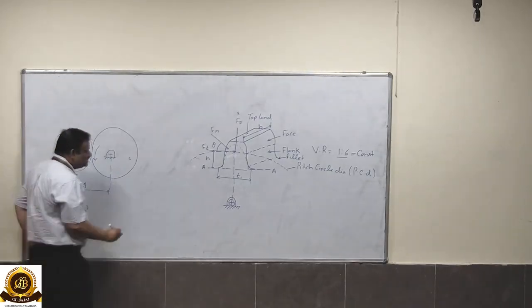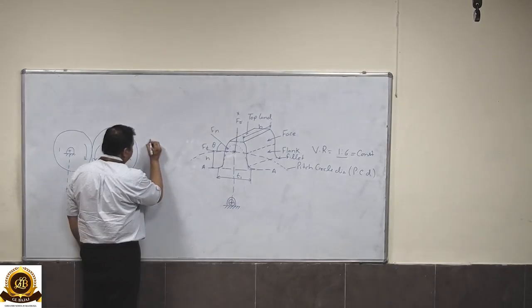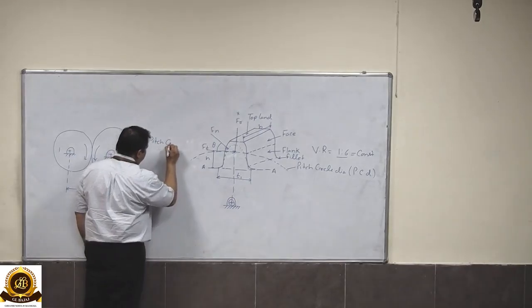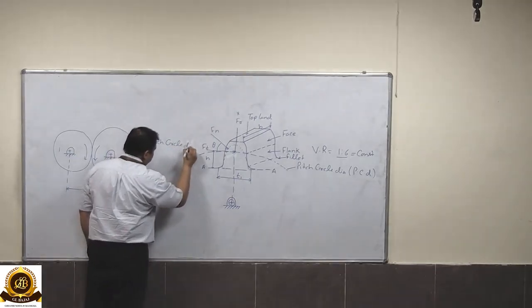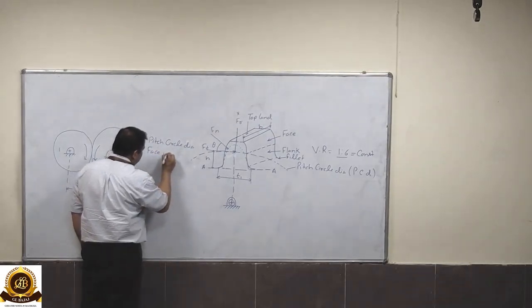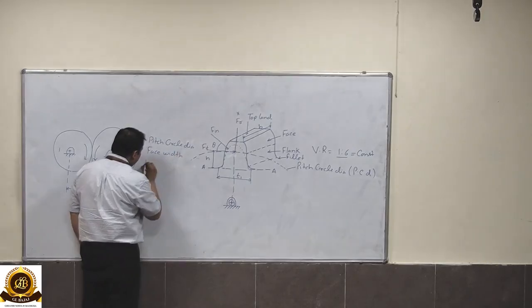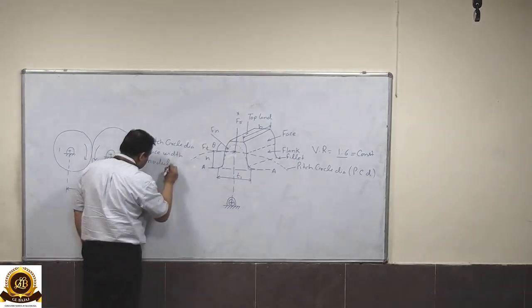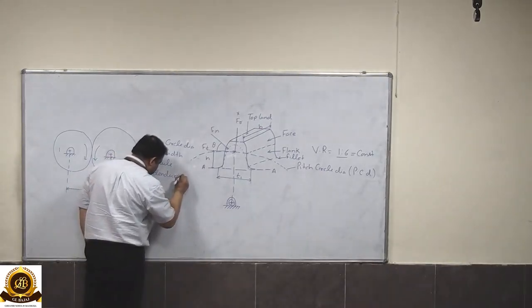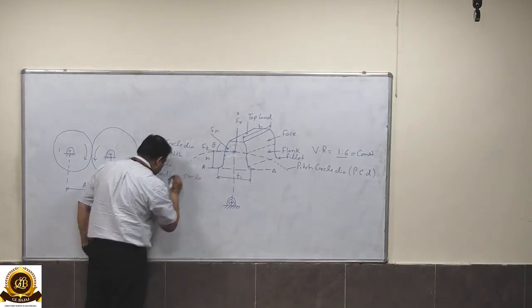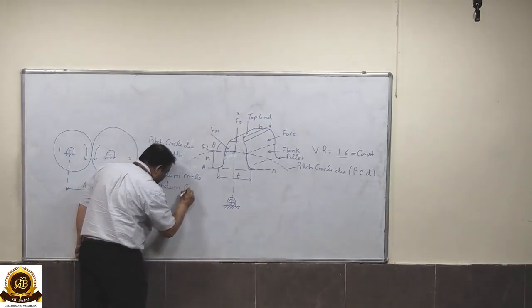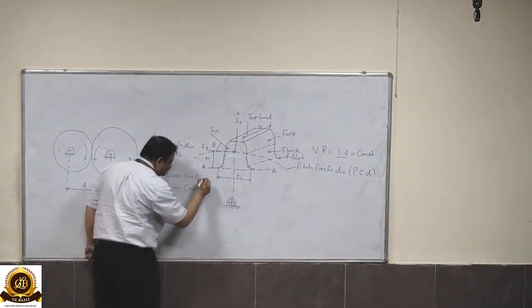Design parameters means you have to calculate the pitch circle diameters, your face width, module, addendum circle, dedendum circle diameter.